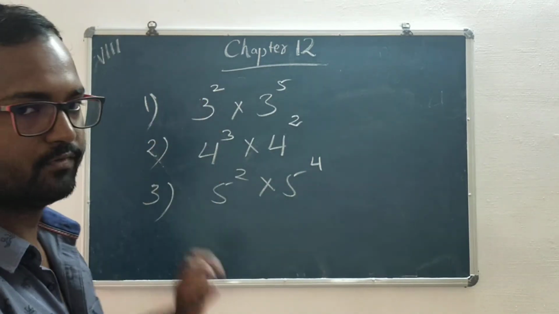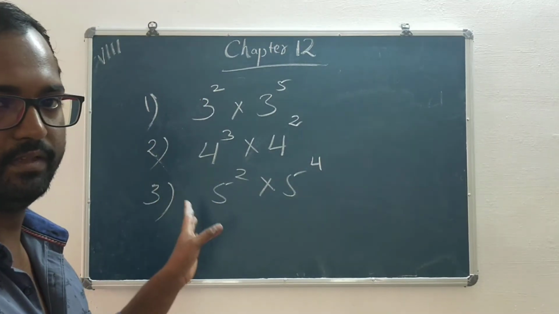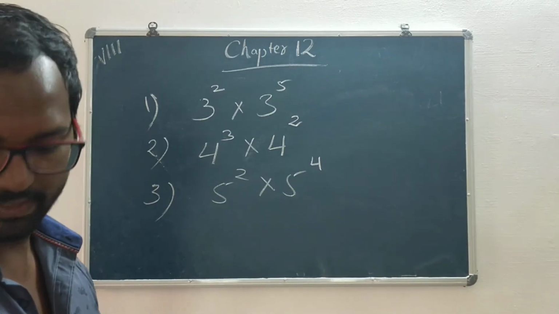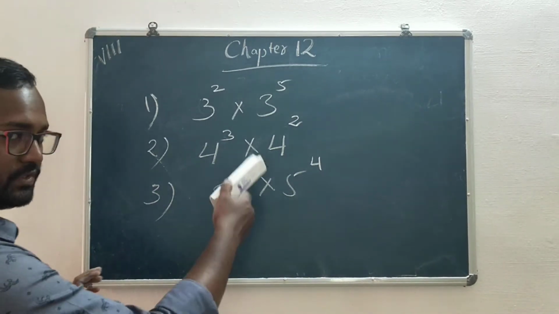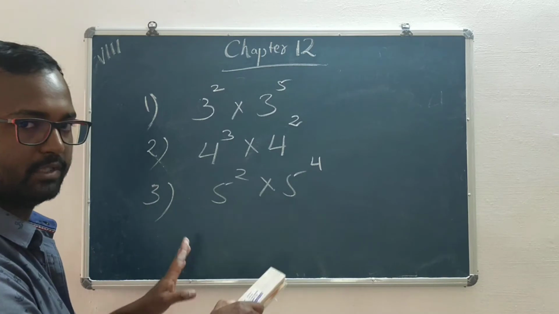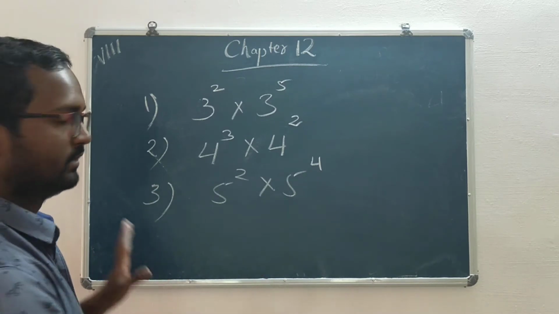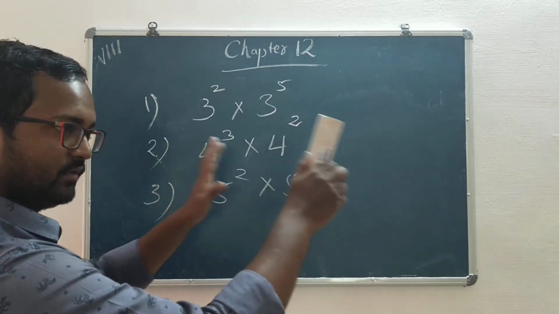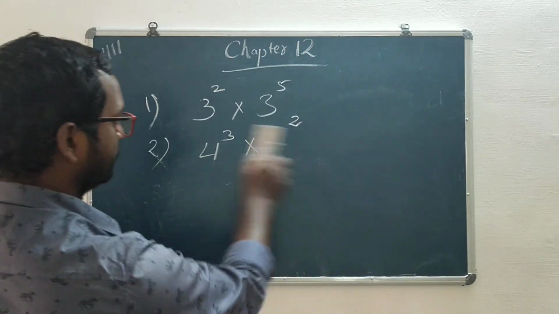Students, this is just for your practice. Take this like a homework and do it. Use both the methods, the standard method as well as the formula, and then do it.